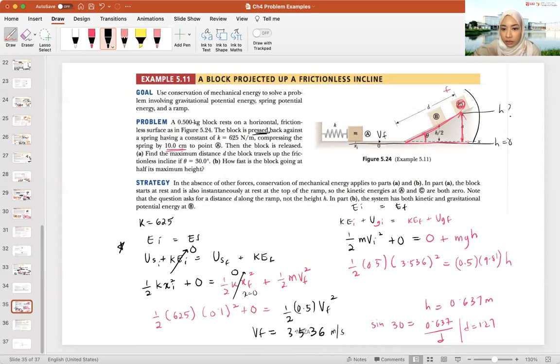So if I find out H, shouldn't I get D from here to here? But the answer is no, because when I use this angle of 30 degrees, I am specifically referring to the D over here. So it works. Pythagoras theorem holds, of course, because it's just geometry. Okay, so that is what happened.